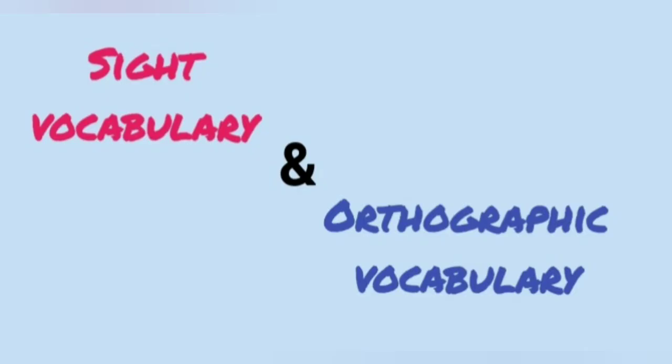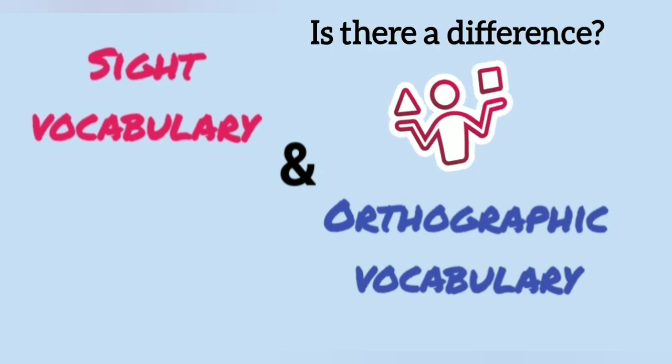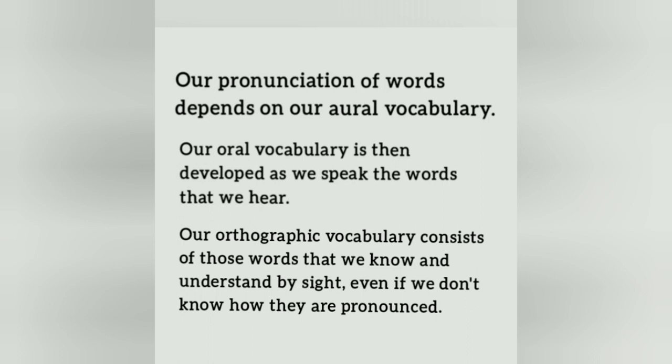In a previous lesson, we would have looked at orthographic vocabulary. Is there a difference between sight vocabulary and orthographic vocabulary? Orthographic vocabulary consists of those words that even if we don't know what they sound like, we actually recognize them on sight, we understand them, and we know what they mean.